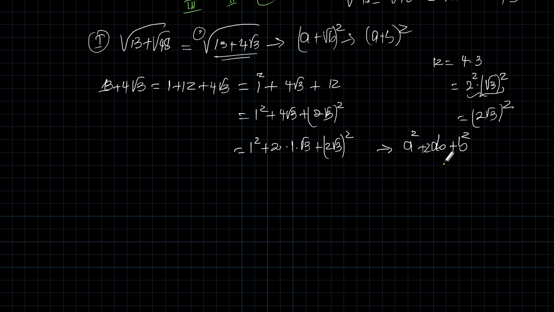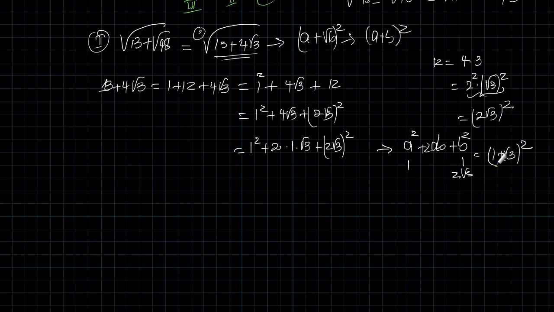So my a is going to be 1 and my b is, no, my b is 2 square root of 3. So it's going to be 1 plus 2 square root of 3 to the power 2.